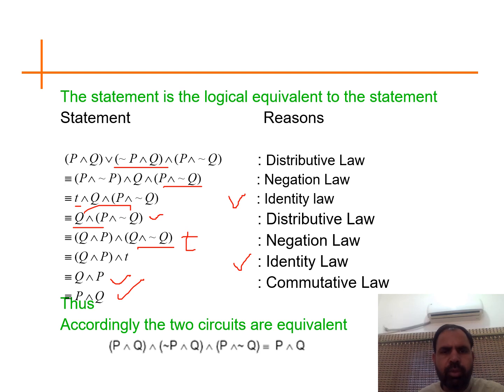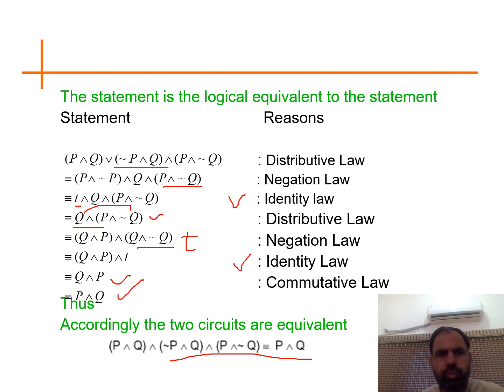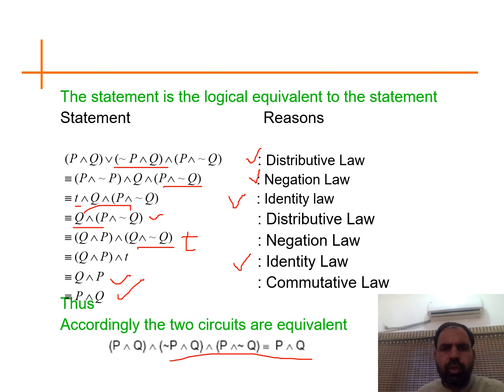So it becomes P or Q. So this is the statement which we make equivalent to the right hand side, P or Q. So we have to make any two statements equivalent to each other by using these laws, and we have to give a logical reason to apply any law.